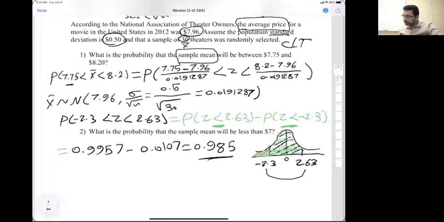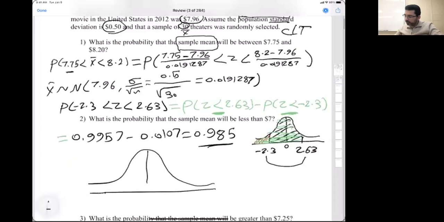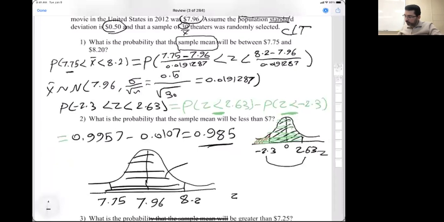What is the original distribution? The original distribution is this one, for x. If you remember, this is for z, and this one is for x. Here, in our scenario, we have the mean in the middle, 7.96, and we need to find the probability between 7.75 and 8.2. So this area is equal to this area. So again, that is how we can find probabilities from the normal distribution.